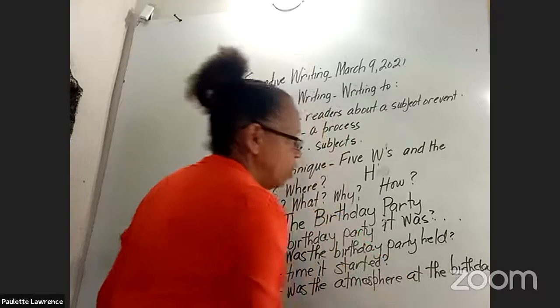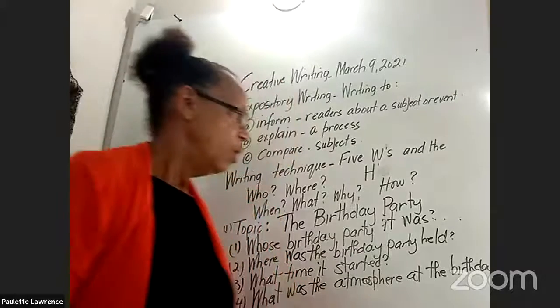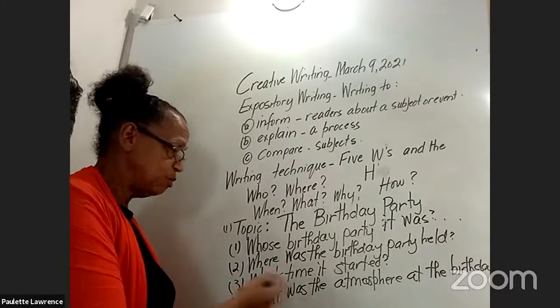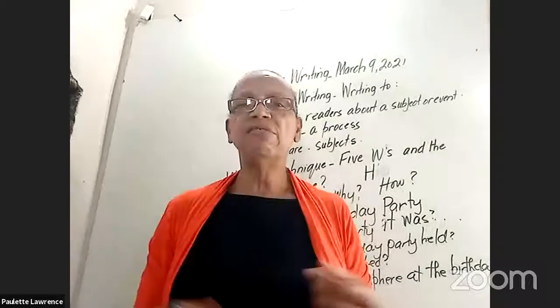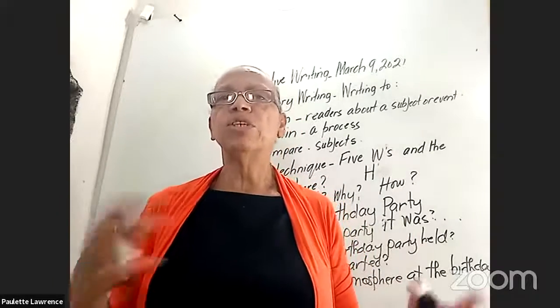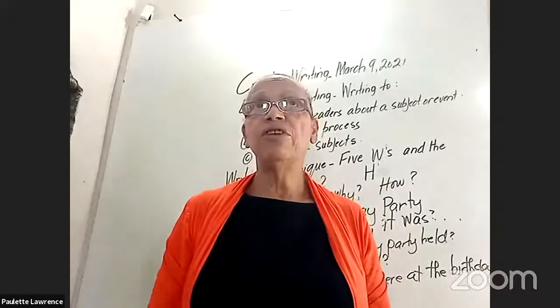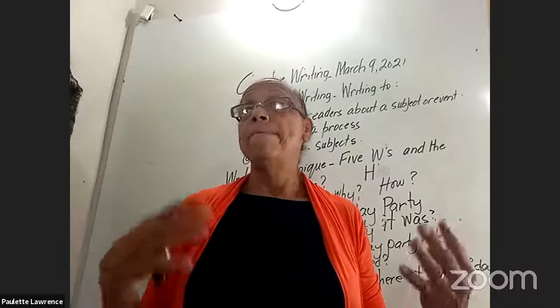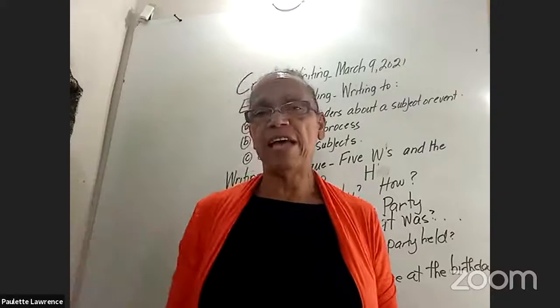All right. What other question could we ask? What you saw, what was the atmosphere? What you saw at the party? What you heard? This is where you would use your senses now. What you saw at the party, the different colors, the different shapes, what was at the party? Balloons and decorations, all of that.